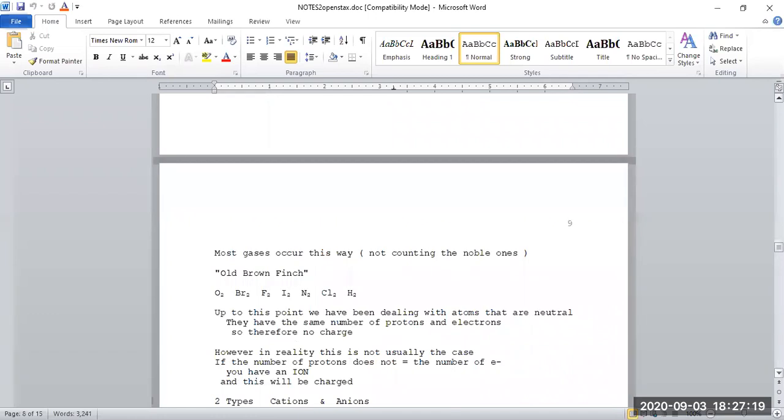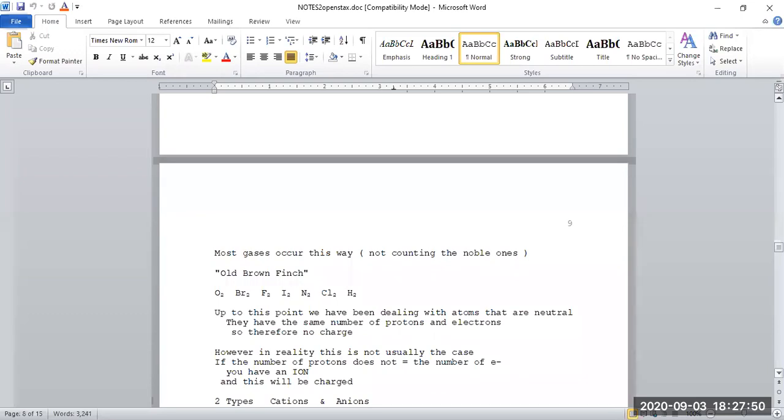The Br in the brown gives you bromine. And I know it's a little bit of a brain hiccup there. The C in Finch is not carbon. The C in Finch is actually chlorine. So fluorine, iodine, nitrogen, chlorine, and hydrogen. But it's a good way to keep track of the ones that like to be diatomic.